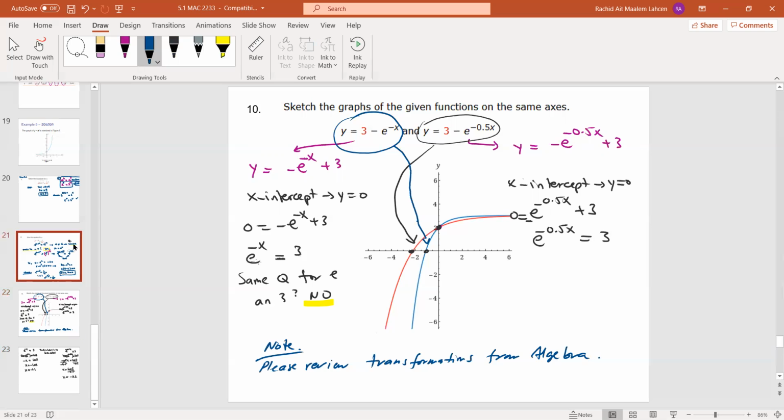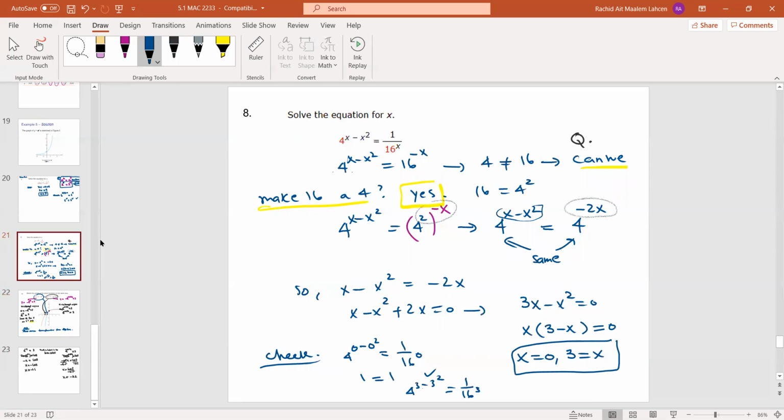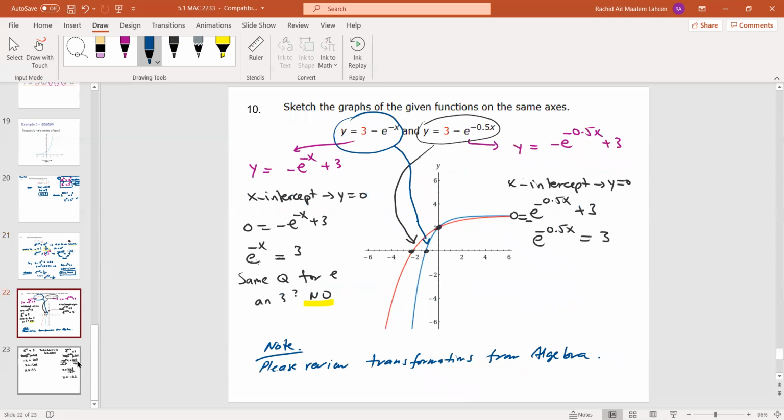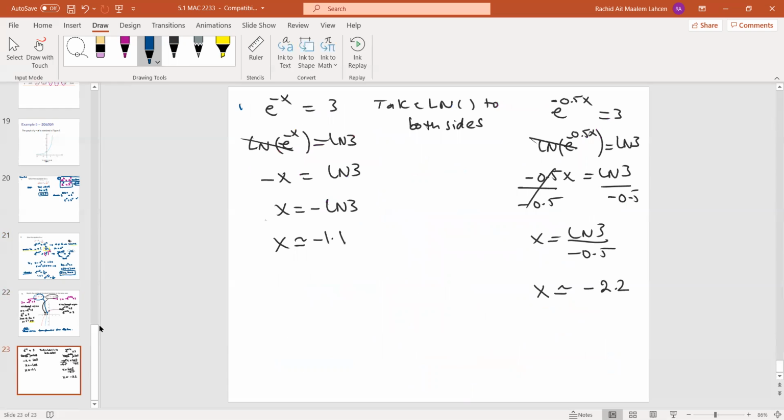Type 2 is when you answer yes to this type of question, where you make them the same and you turn it into type 1. And type 3 is this kind, where you don't turn it and you just take the log of both sides. All right, thank you.